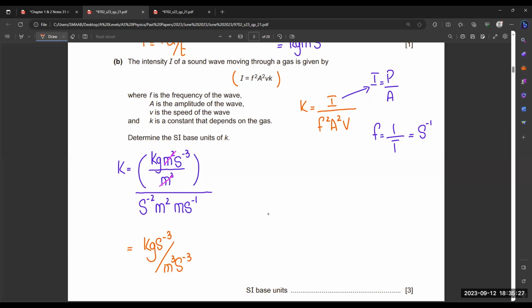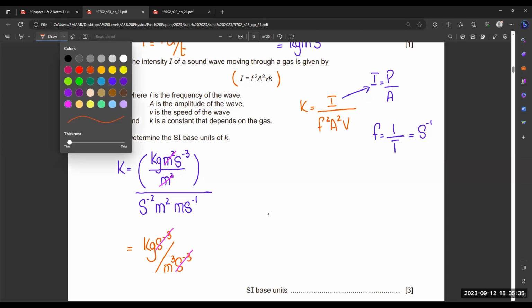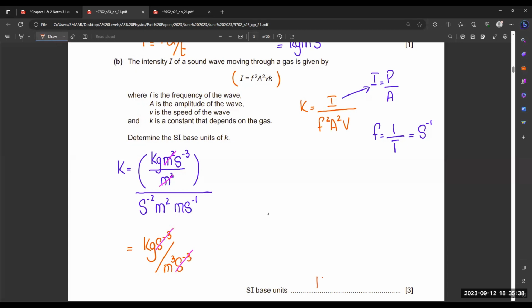So the second cube will cancel out. And finally, we got kilogram per meter cube, the final answer. So the SI base unit of K is kg per meter cube, right?